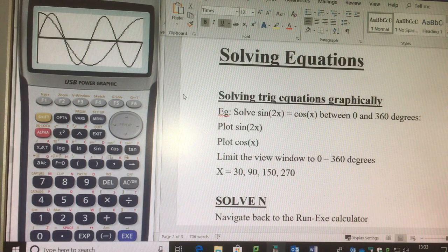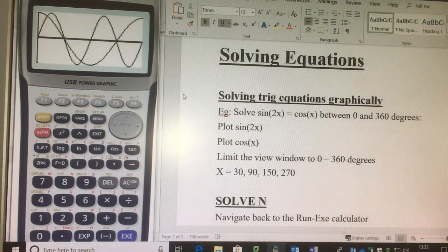Okay, so you're in radians. So in radians, pi is about 360 is totally 2. Anybody else?